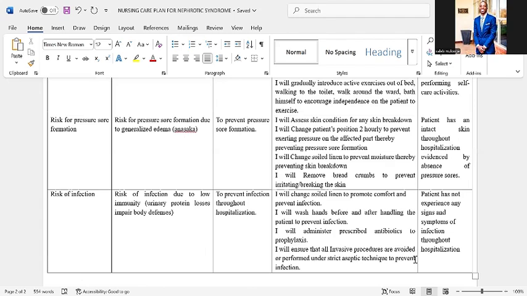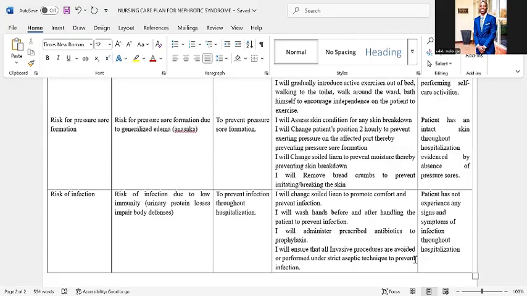Number four, I will ensure that all invasive procedures are avoided or performed under strict antiseptic techniques to prevent infections. So among others, we can put a lot of interventions to prevent this risk of infection, such as ensuring that the equipment are sterilized, ensuring that the room is well dusted, and all those things, because this child or patient is at risk of infection.